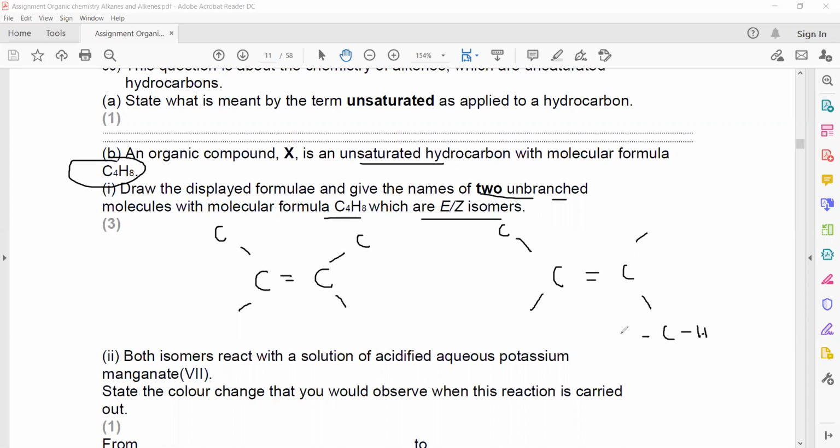They mention a displayed formula, so I should represent all of the bonds in the structure. So this will be cis or Z but-2-ene, and this will be trans or E but-2-ene.